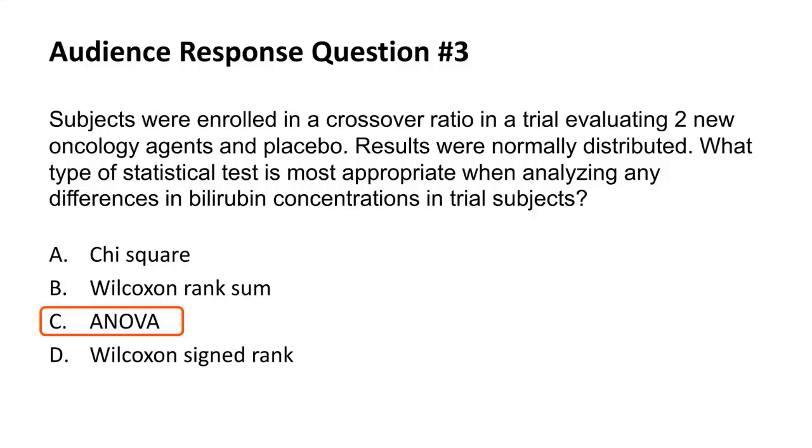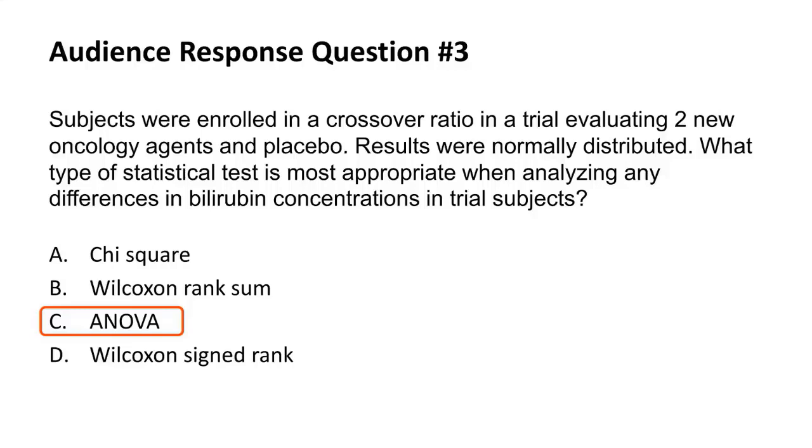The correct answer is C, ANOVA. With this example, we have 3 treatment groups that are different. And so we have each of the 2 oncology agents and then the placebo. Results were normally distributed, which is why ANOVA is correct.